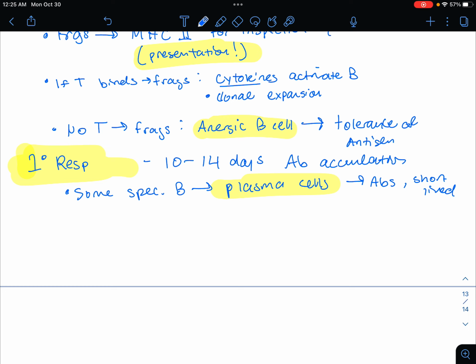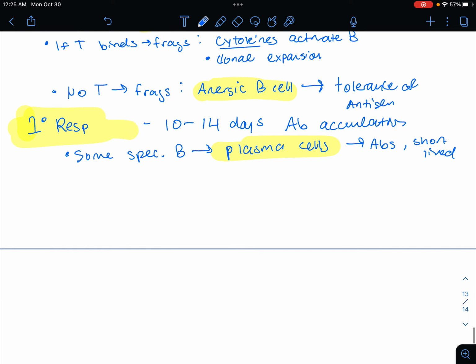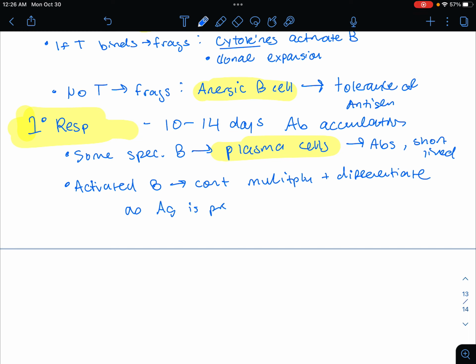Plasma cells will do apoptosis after a few days. The activated B cells continue to multiply and differentiate as antigen is present. So the antibody titer steadily increases. As long as there's that antigen, we're going to be making the antibodies in the primary response.